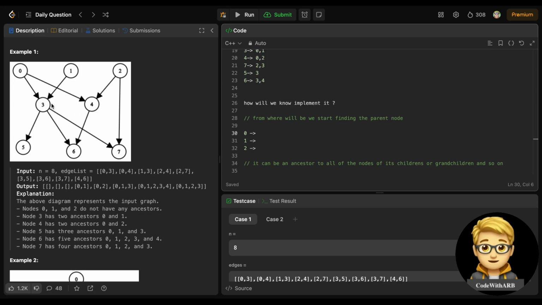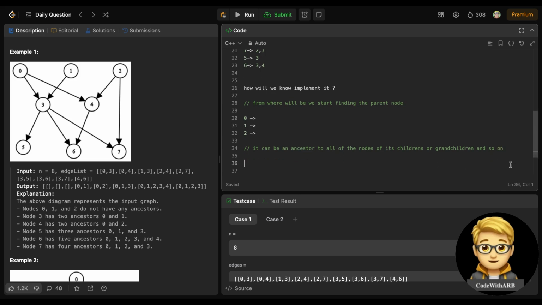After 3, I can go to 5 and 6. For 5 and 6, 0 will be an ancestor, and 3 will definitely be an ancestor. The benefit of starting from the nodes which don't have any parent is that I am assured that the children I can reach from this ancestor will include it in my answer.